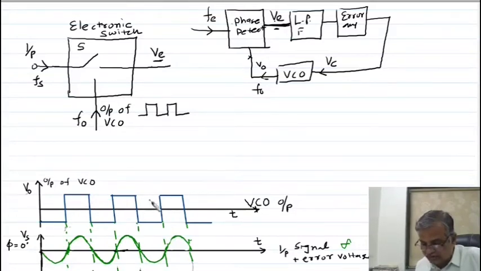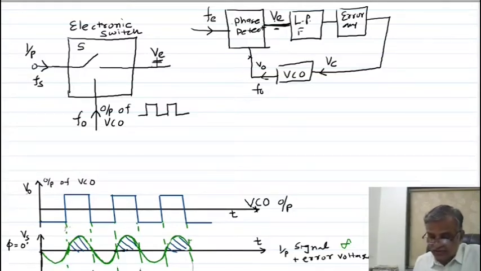So during this time the switch is closed, which means this much waveform will be passed through the switch, and VE is obtained only during the positive half of the input signal FS.